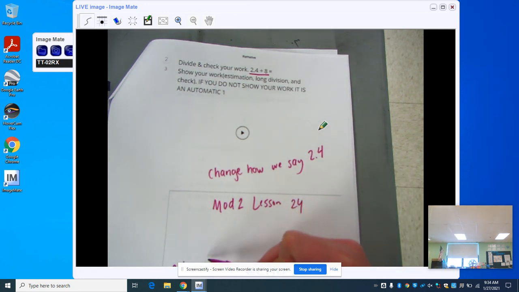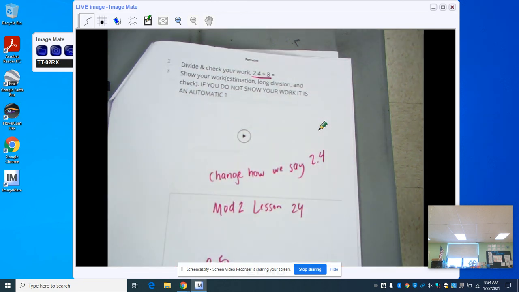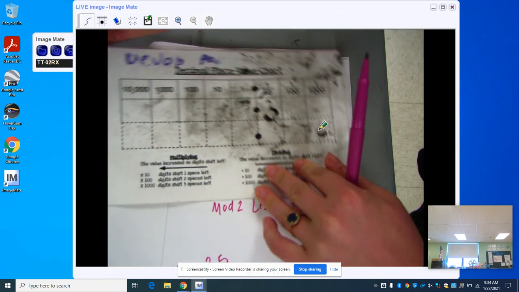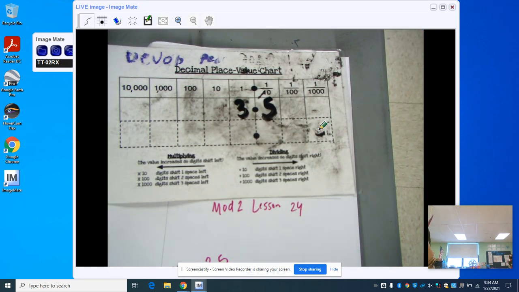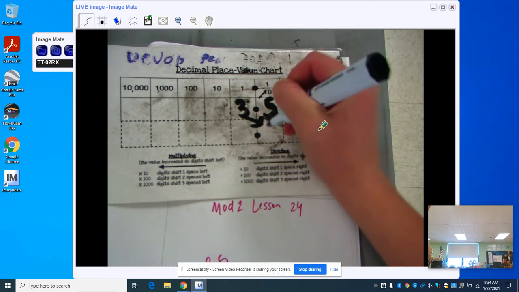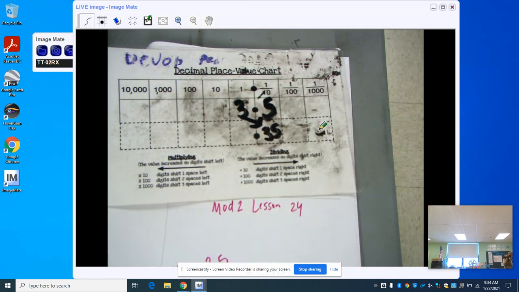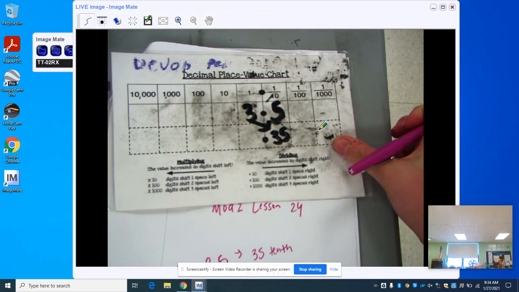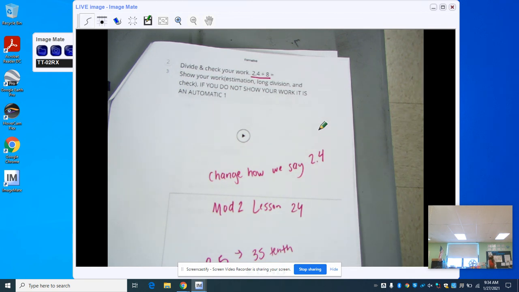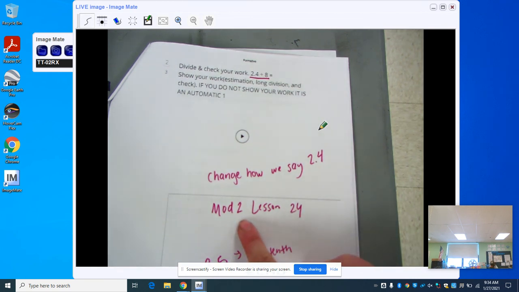If we have 3.5, if I put 3.5 in my place value chart, I can squish it all in the tenths and I get 35 tenths. So 3.5 is the same thing as 35 tenths. Again, for help on question 2, you can go to lesson number 24.